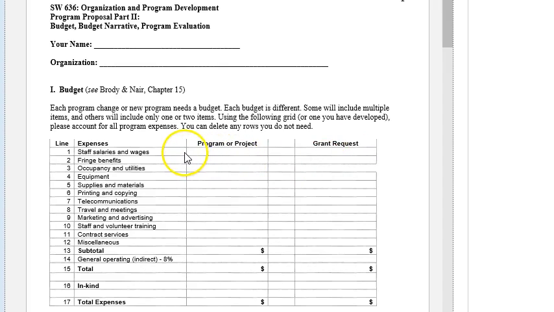This first column is staff salaries and wages. So if you are going to hire people or there are people in the organization who are going to be doing this project, how much is their base salary? This next line is fringe benefits. And even if you are not offering things like health care, retirement, dental plans, etc., there are always a fringe benefit cost for staff.